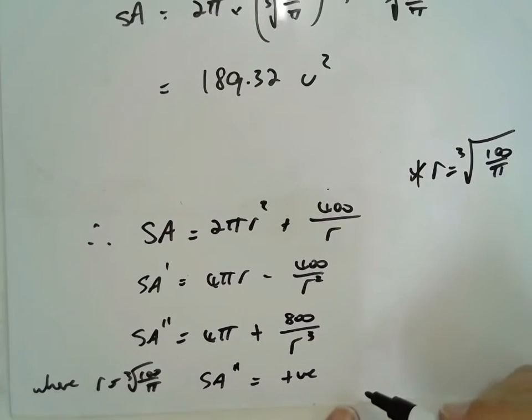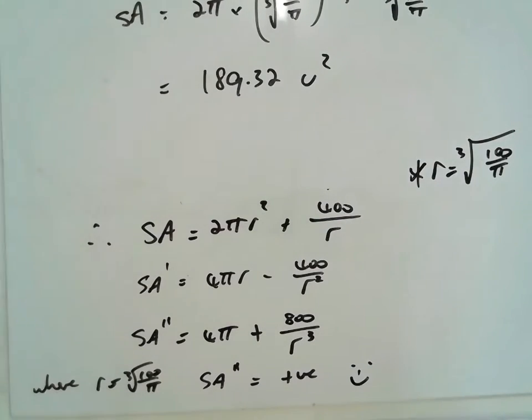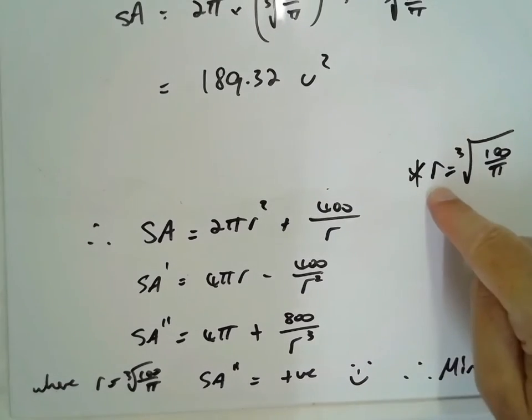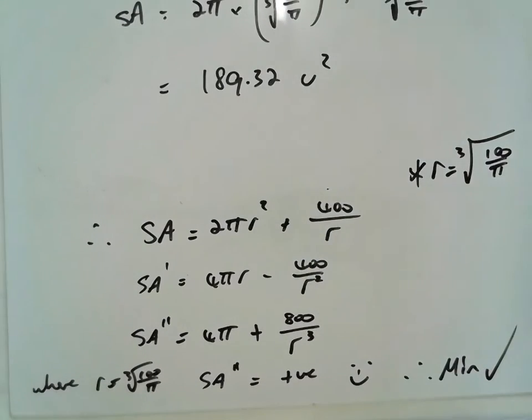Because it's positive, I am a happy parabola, positive. That means, therefore, it's a minimum. Therefore, we have mathematically verified that that r is a minimum for that surface area. Okay, that was super fun. Hope you enjoy it.